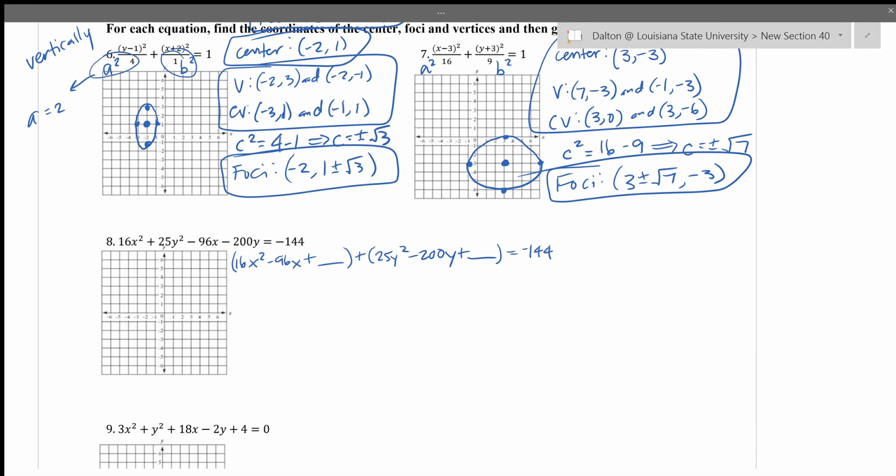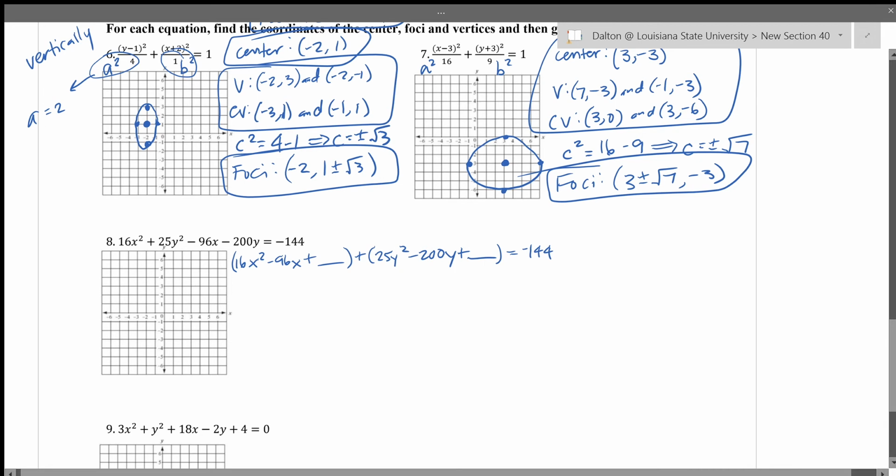Okay, before we complete the square, do y'all remember from yesterday, what must the coefficients of your x squared and your y squared terms be? They have to be 1. So in order for that to happen, we need to go ahead and factor out their current leading coefficients. So for my group of x's, I'm going to go ahead and factor out 16.